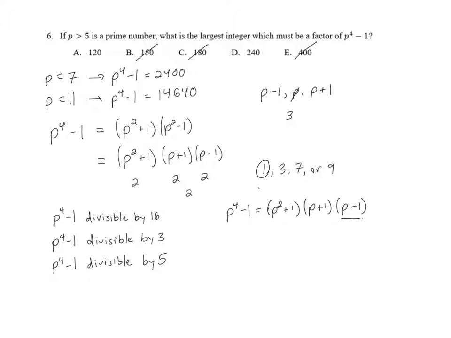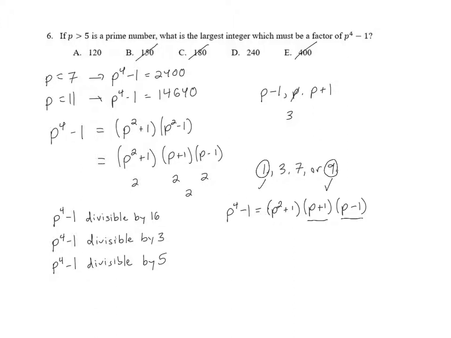So it's going to be divisible by 5. Similarly, if p ends in 9, and we look at p plus 1, that has a ones digit of 0, so it's a multiple of 10, which is a multiple of 5, and that means that p to the fourth minus 1 is also a multiple of 5, which we wanted to prove.